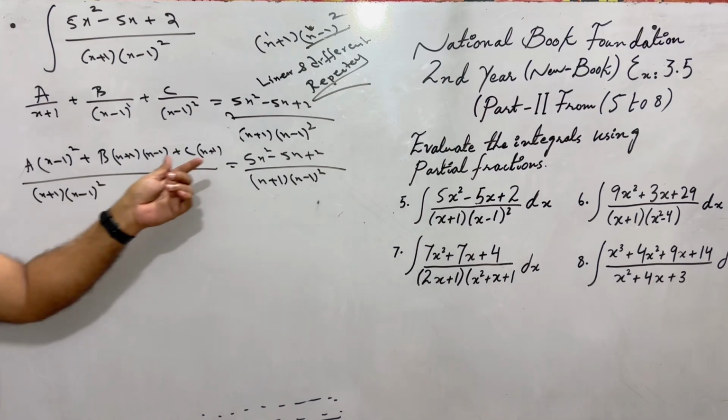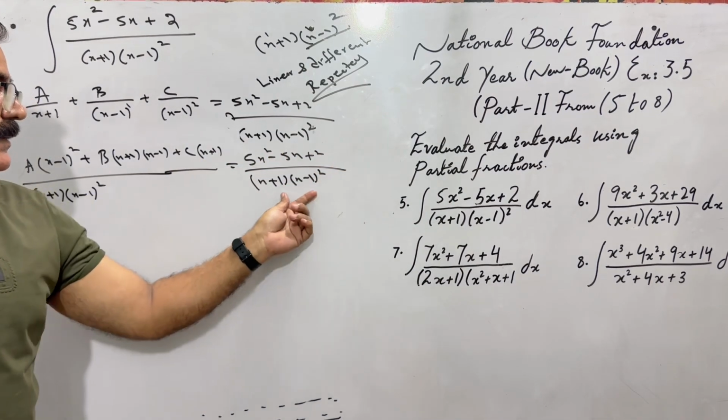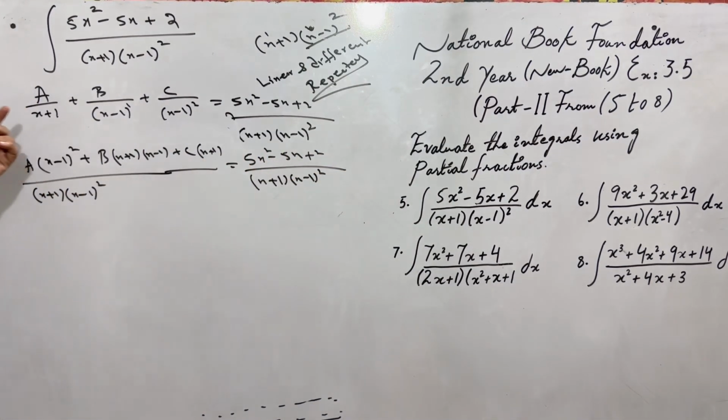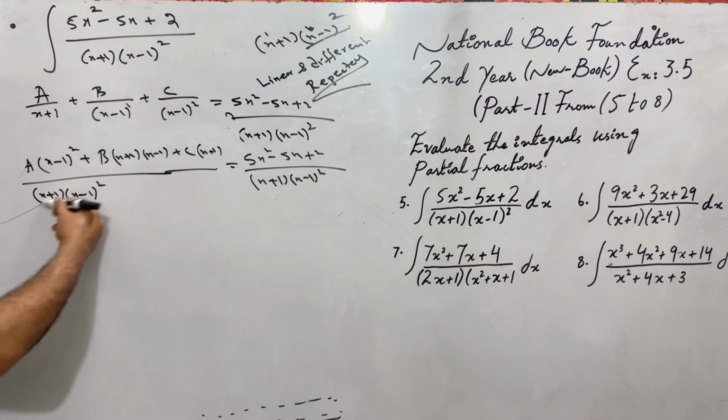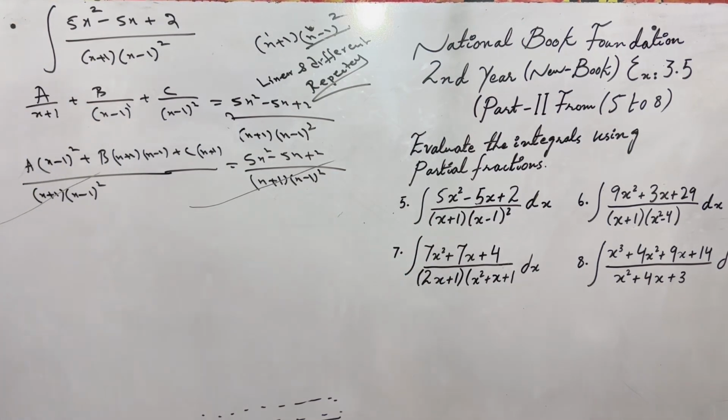Shifting this quantity from the denominator on the right hand side to the left hand side, they are cancelled out. Saving space and time, cancel them out. What remains?